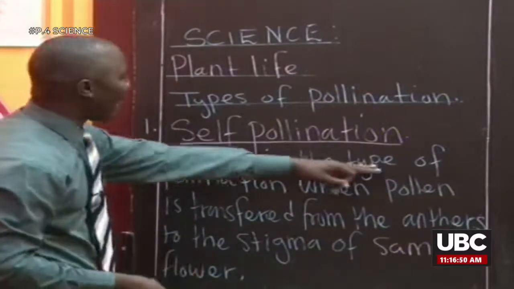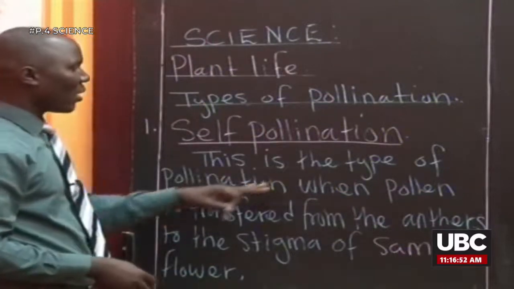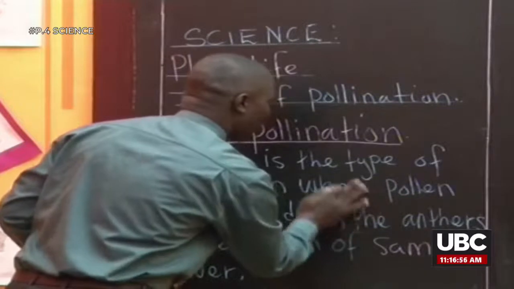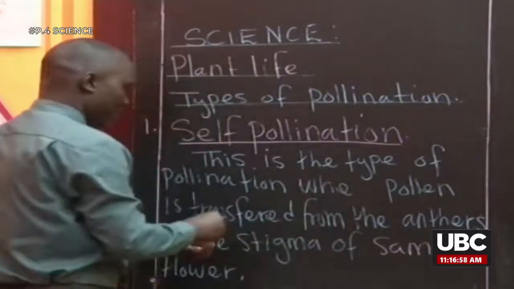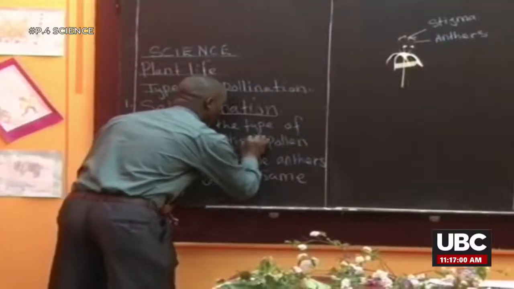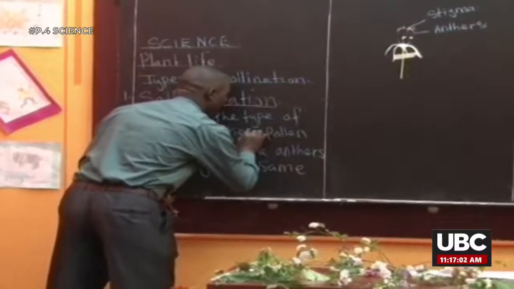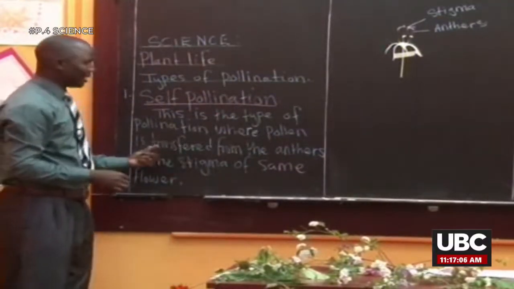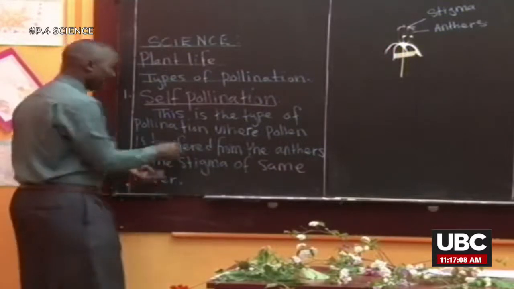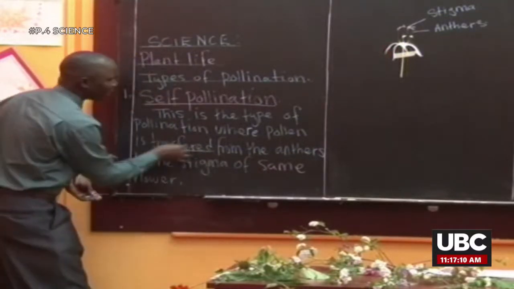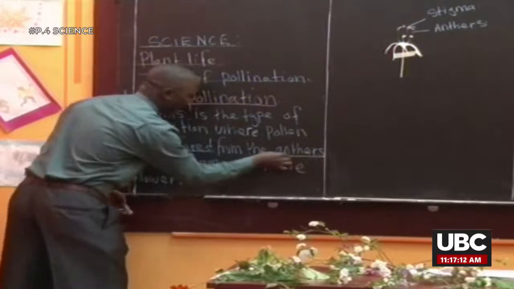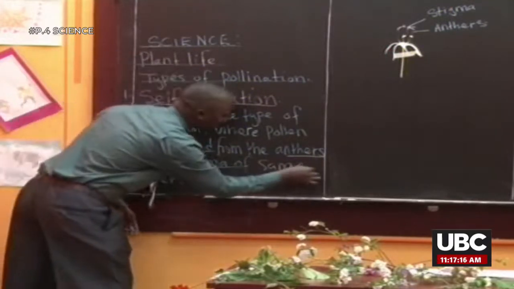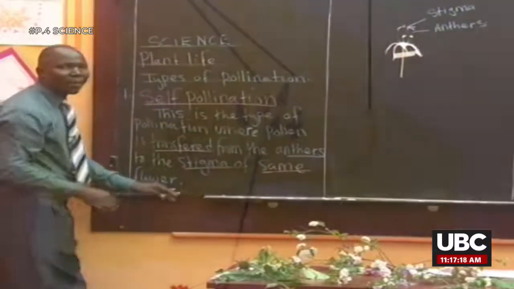This is the type of pollination where pollen is transferred from the anthers to the stigma of the same flower.